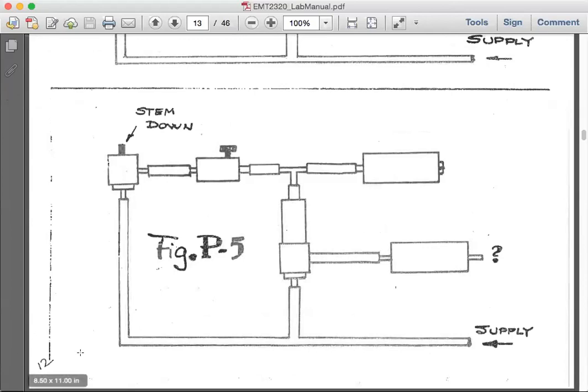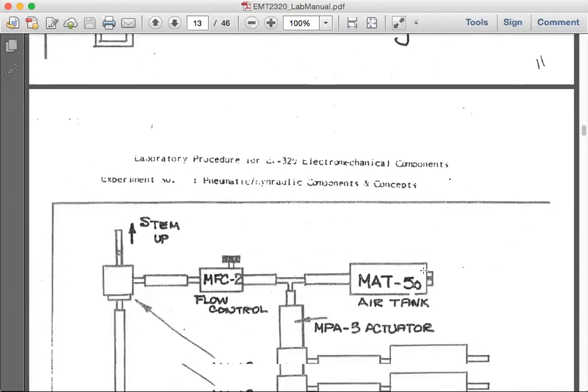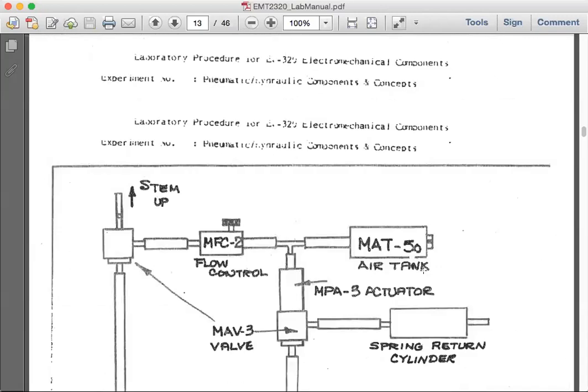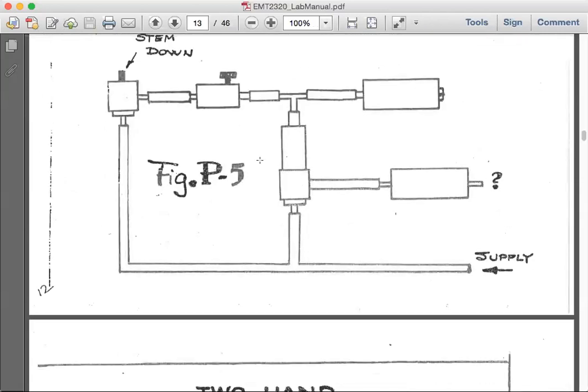It's on the lower corner of the lab manual page. It's not the number at the top. If there is any number at the top, it's the handwritten number, like for example, this is page 11 and this is page 12.